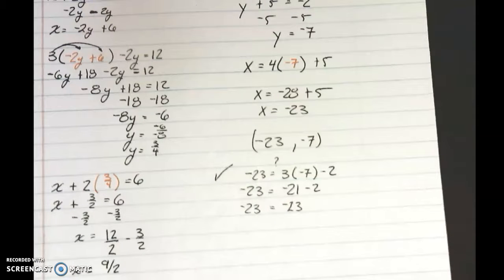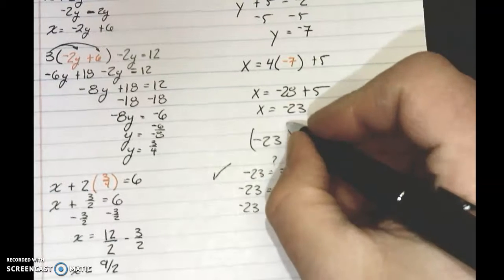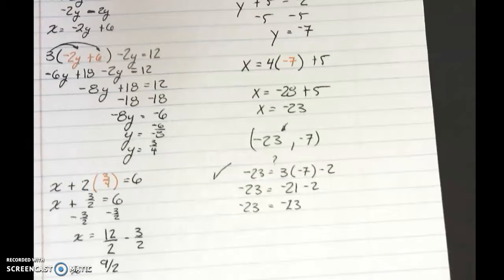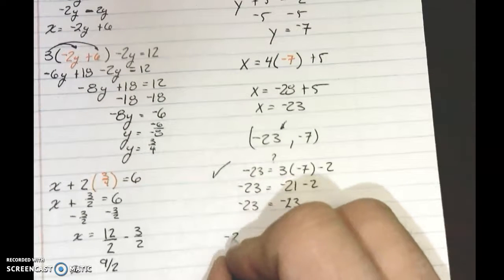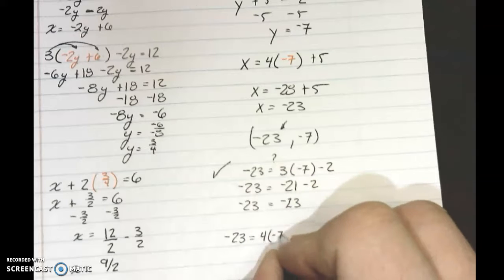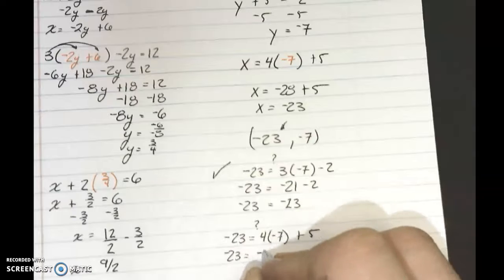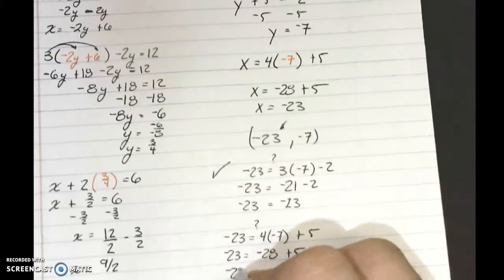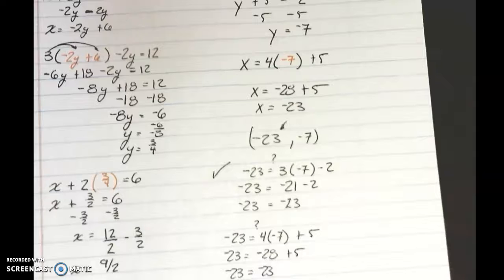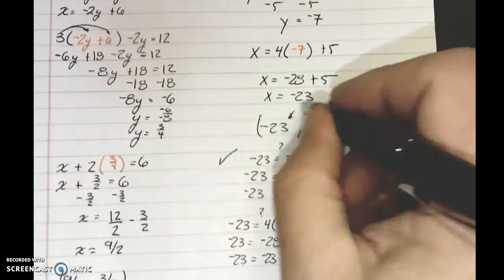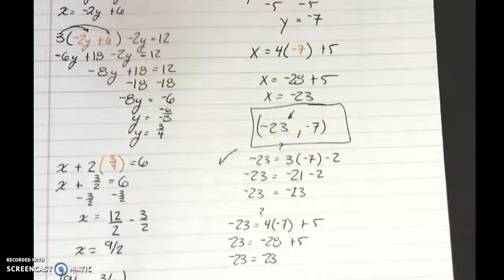No, you don't have to do a check every time, but I kind of thought this was a weird answer myself, and so I wanted to do a check, and I double checked again. So it checked out both times. So then I know that this is a correct answer. You don't have to do a check every time, but if you get a weird answer, sometimes it's good to do a little mental check. You could do mental math with it, definitely, and go from there.